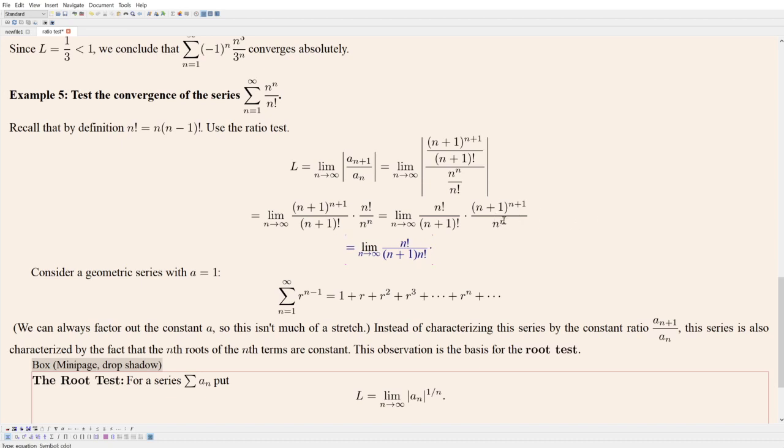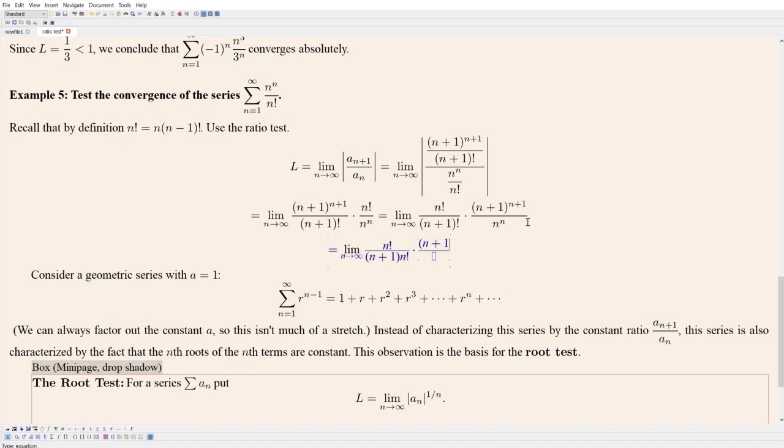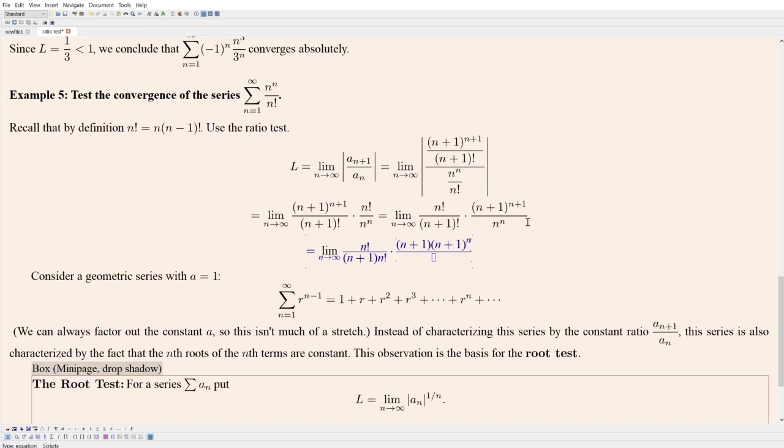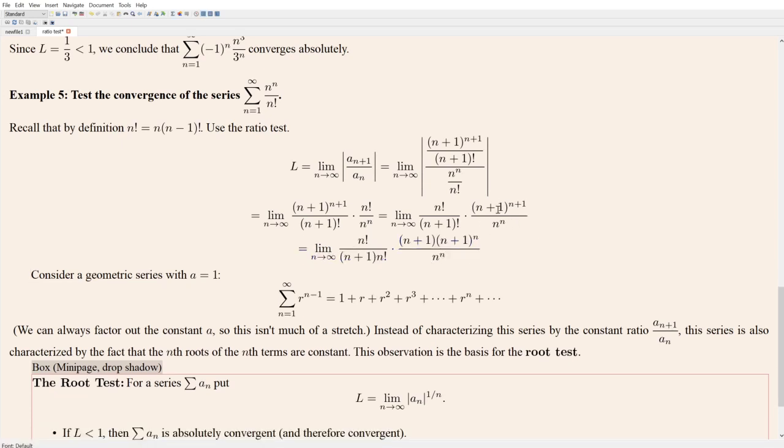As for this, well, let's see. Let me do this. That makes sense, right? Instead of (n plus 1) to the n plus 1, it's just (n plus 1) times (n plus 1) to the n.